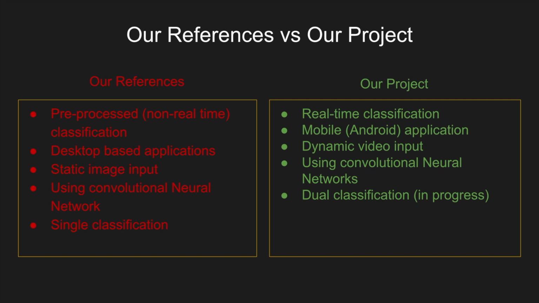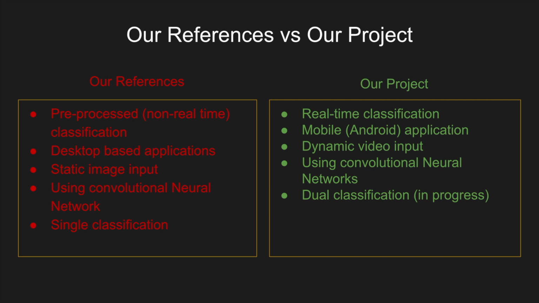Our references are mostly desktop-based applications, meaning they're running on Windows OS and they're not optimized for mobile apps. They also use static image input, meaning they're using image files, JPEG, PNG, or whatever image format, as an input source to their neural network or whichever model they use to implement their classification system.